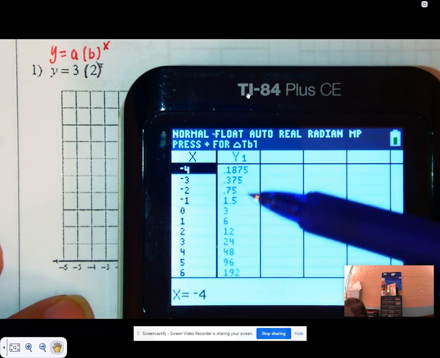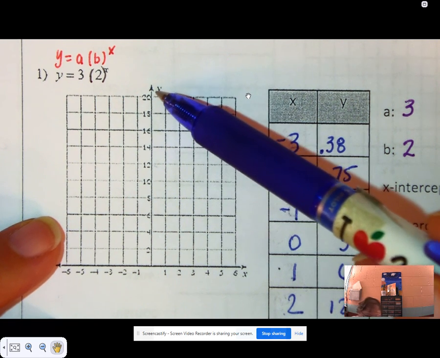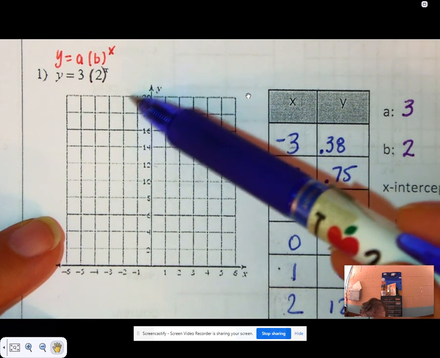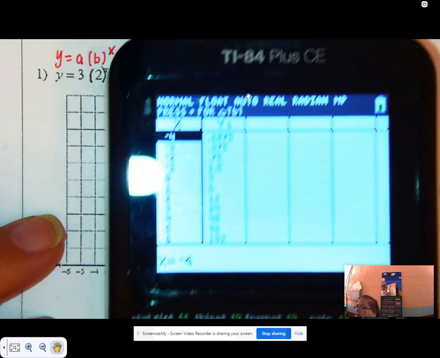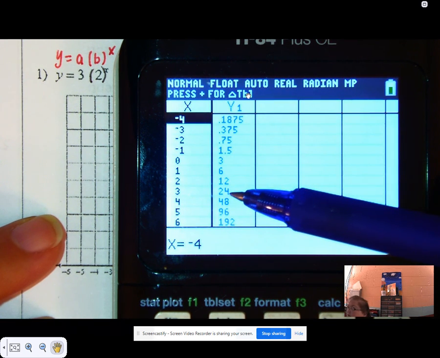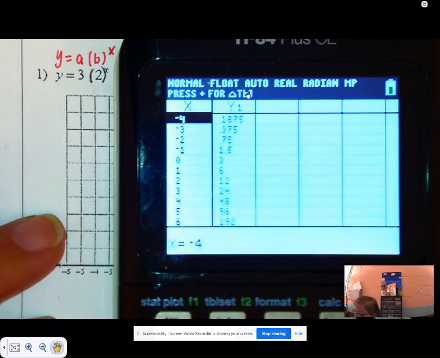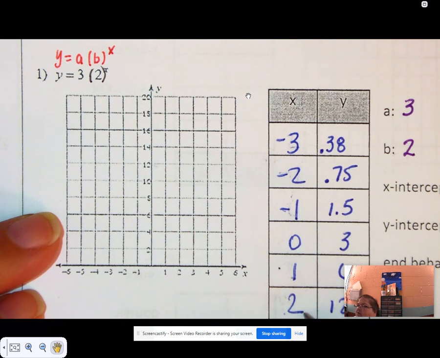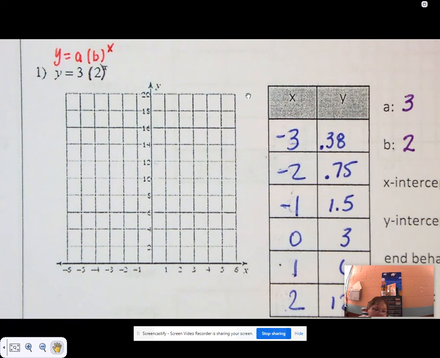On my actual coordinate plane, my highest y value is 20. So when I look on my calculator for my table of values, I want my highest number to fit. This is 24, which is not going to fit. So 12 is as high as I want to go. So I know that 2 is going to be my lowest number, and then I can work backward from there. So that takes care of that.